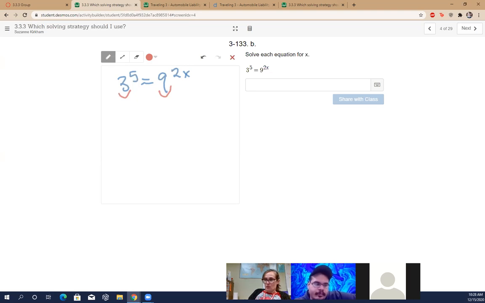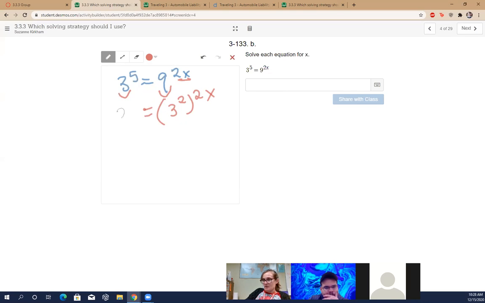So 3 is 3 to the 1 power and 9 is 3 to the 2 power, or 3 squared. So we would go like that, 3 squared, and then put our 2x out here. So we still keep our 2x, and then the 3 squared goes in the parentheses and it replaces that whole 9.